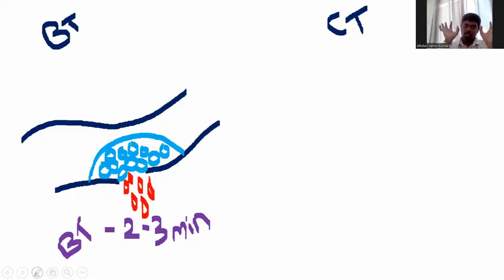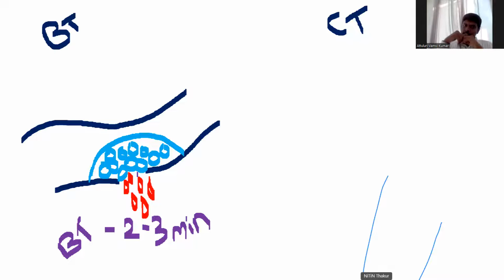Now, if the platelet count is reduced to less than 1 lakh, say for example 40,000 platelets, then what happens? Whenever there is damage to the blood vessel, these platelets are unable to block the site. They are unable to prevent the bleeding.